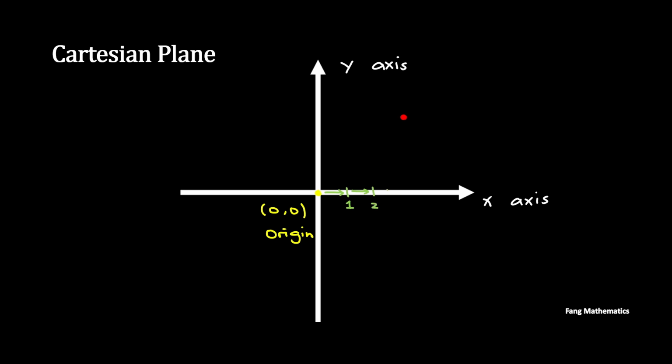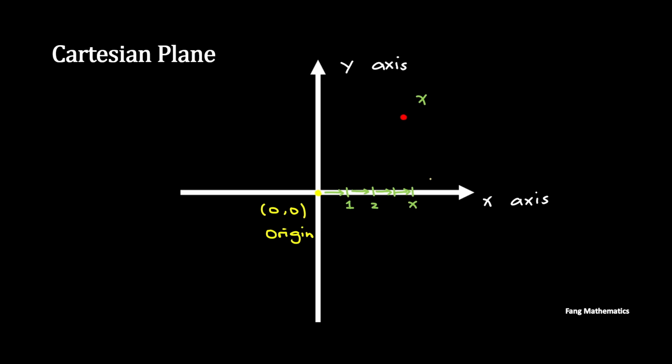In a similar way, you move the number of units until you reach the point. So let me mark here as x, denoting you move x units to reach the point. So the first value for this coordinate is x. This x tells you to move in the horizontal direction for x units.